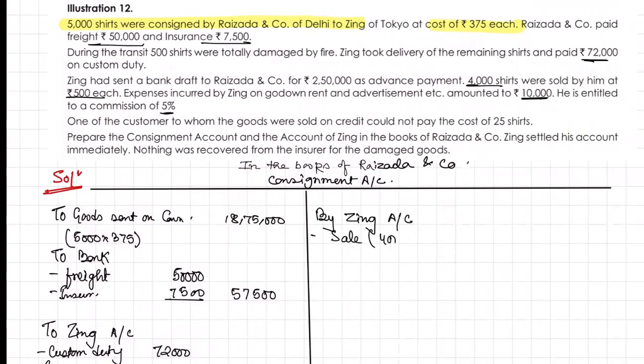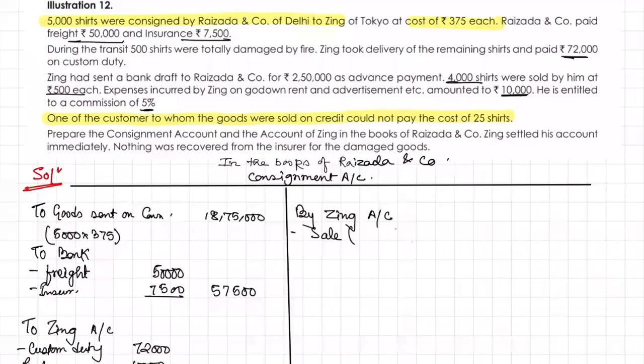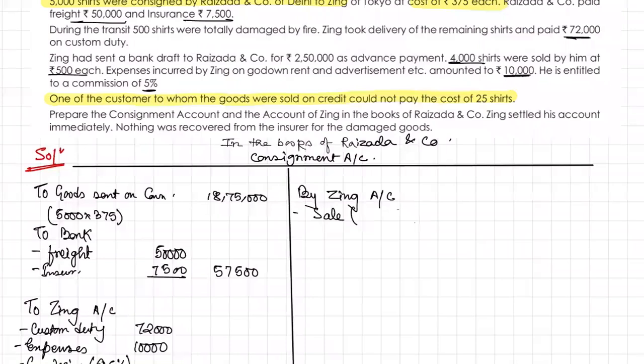It was 4,000 into 500. Was it that? No. We missed out this information. One of the customers to whom goods were sold on credit could not pay the cost of 25 shirts. So that won't be in our sale. It will be 3,975 into 500.